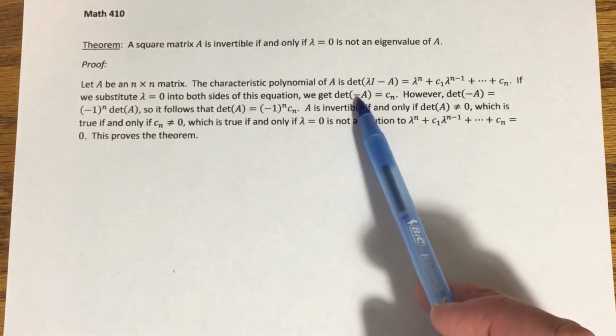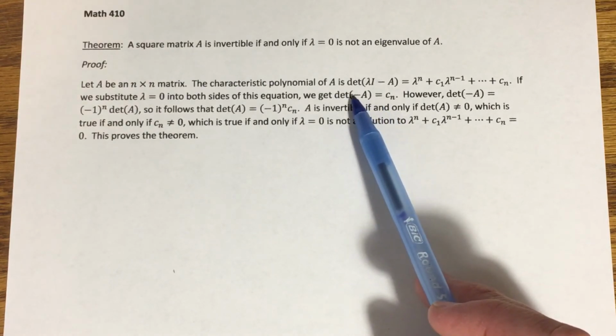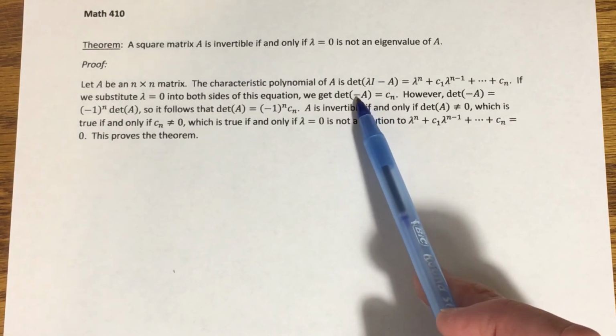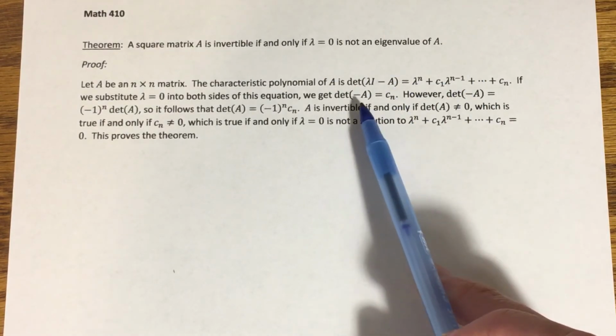So if I multiply matrix A by -1, that's what this looks like, negative A. That's the same as multiplying each of its n rows by -1.